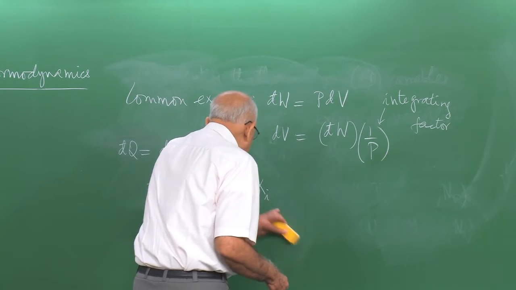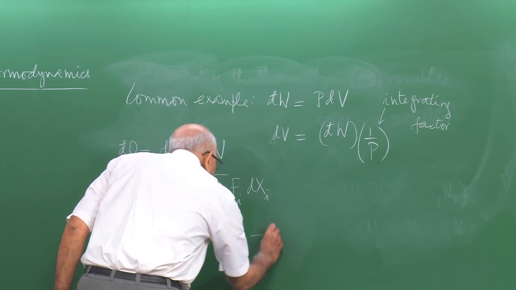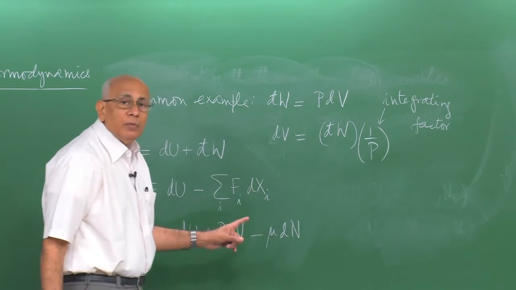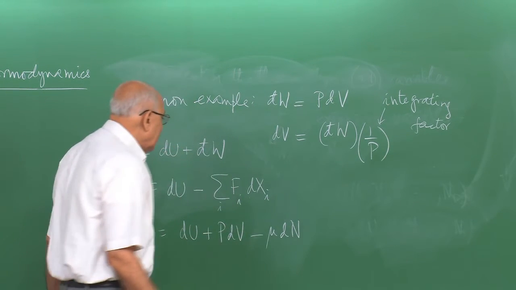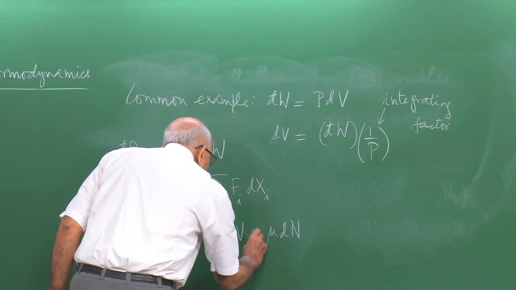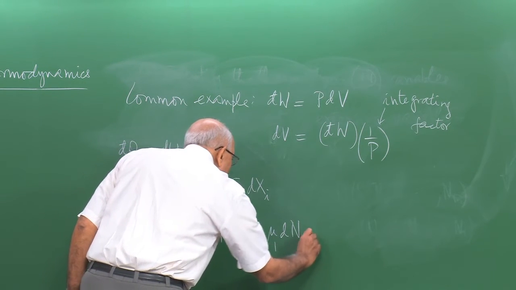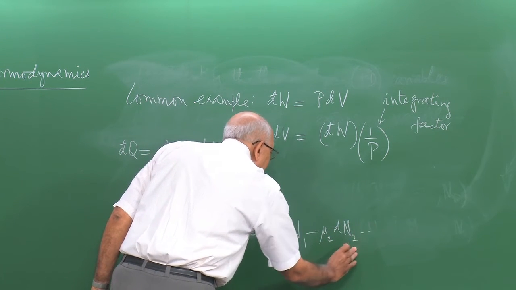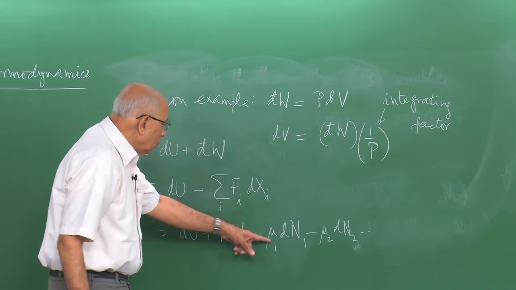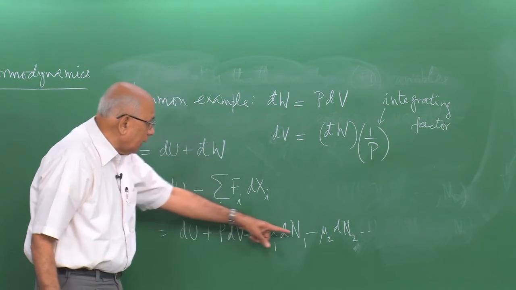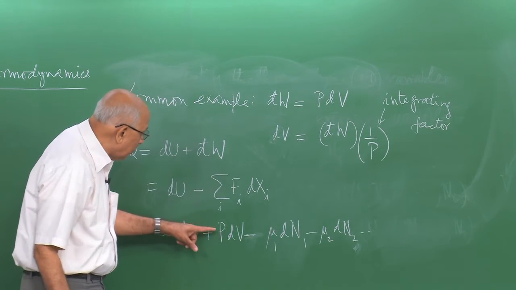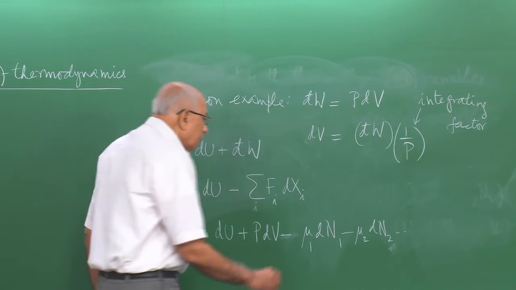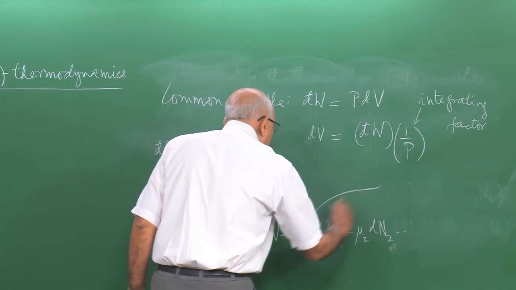This is equal to the first term here, minus mu dn, and you must use one of these for each chemical component, and therefore really the law is minus mu1 dn1 minus mu2 dn2 etc., where this mu is the conjugate variable to the corresponding n, just as p is the thermodynamic conjugate of the volume V. This mu is called the chemical potential.